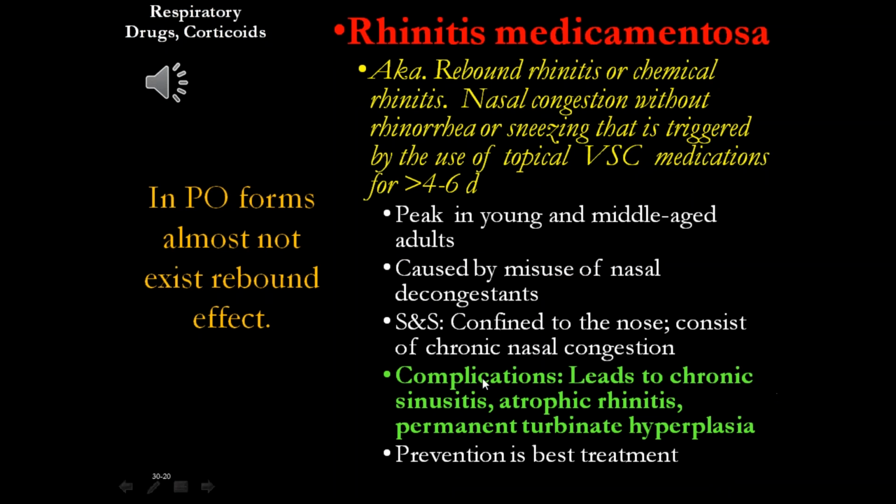Okay, so another NCLEX point, please. I'm going to put a big star here. And here you can tell that you have some medications that are producing rhinitis medicamentosa. What is rhinitis medicamentosa?